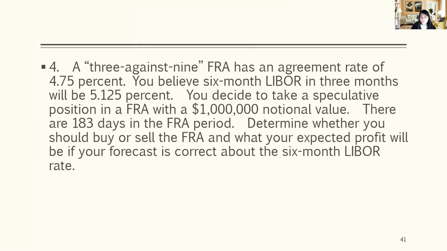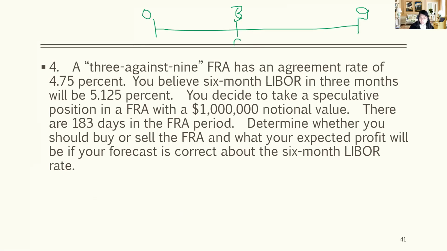All right, so having gone through a FRA exercise before, now can you help me with this question here? In this case, we've got a FRA question and it is a 3 against 9.